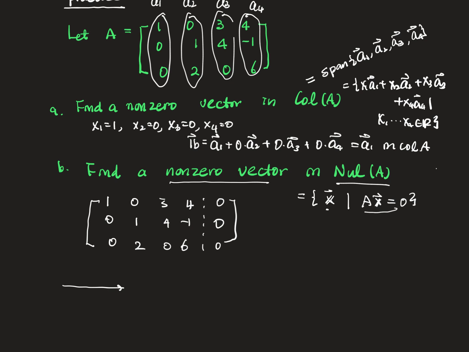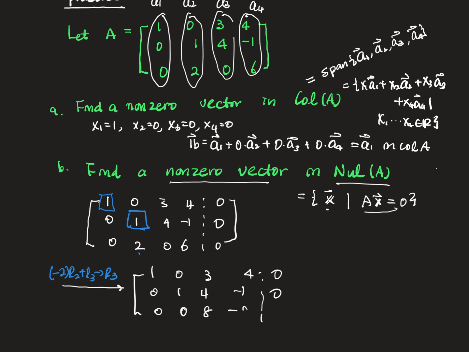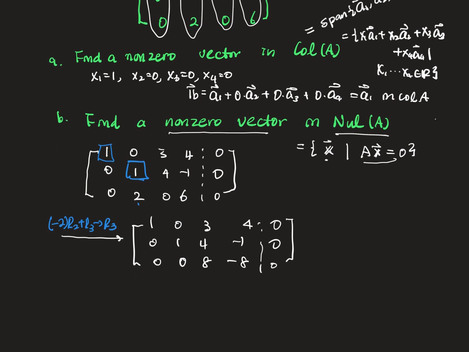Oh, that's very nice. Here is a pivot already, right? Here is a pivot right there. So you have to make this a 0, which means negative 2 R2 plus R3 becomes R3. Got it? 1, 0, 3, 4, 0, 0, 1, 4, negative 1, 0, 0, 0, 8, negative 8, 0. So here you see another pivot.